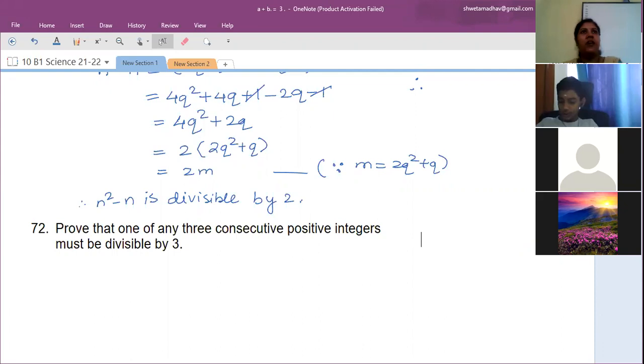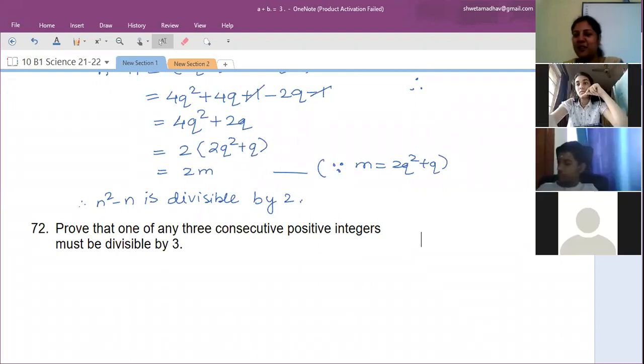Now take 50, 51, 52. Only 51 is divisible by 3, right? Then we take 81, 82, 83.